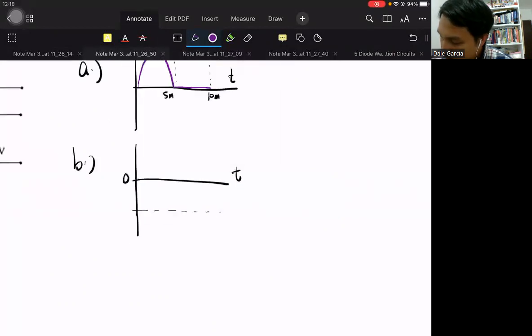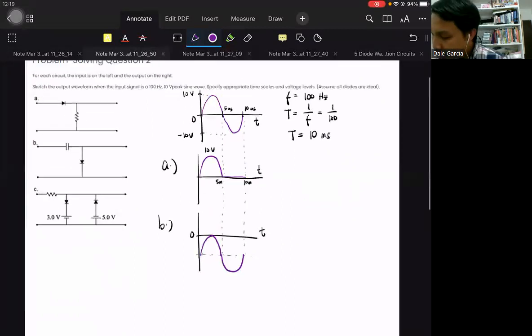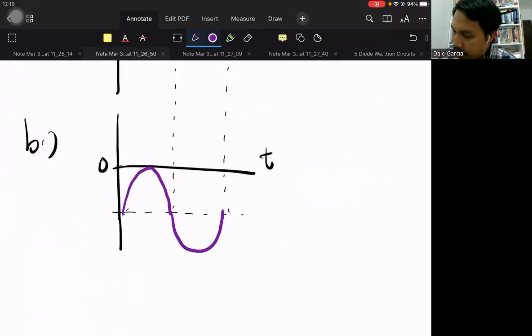So this signal is clamped downwards. Voltage, 0 volts of course, not above. So it is 10 volts peak, meaning negative 10 is its origin and negative 20 is the lowest peak.